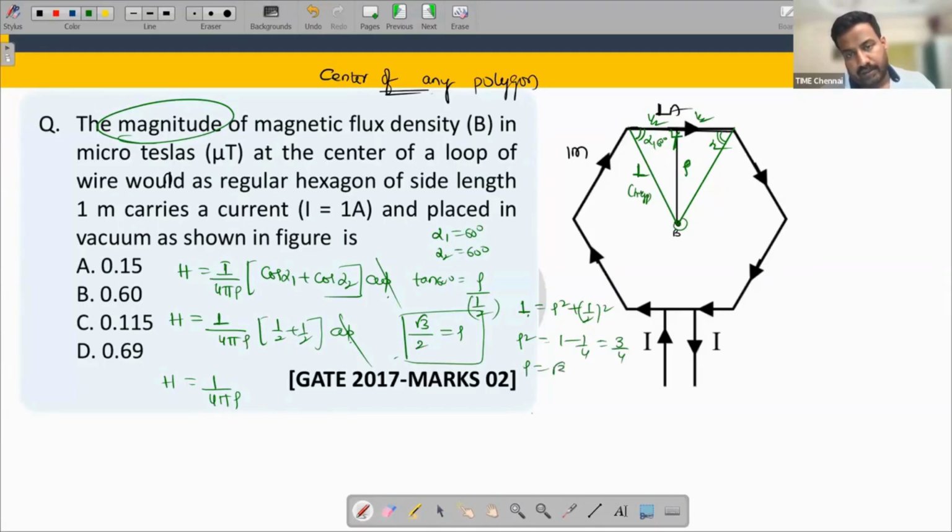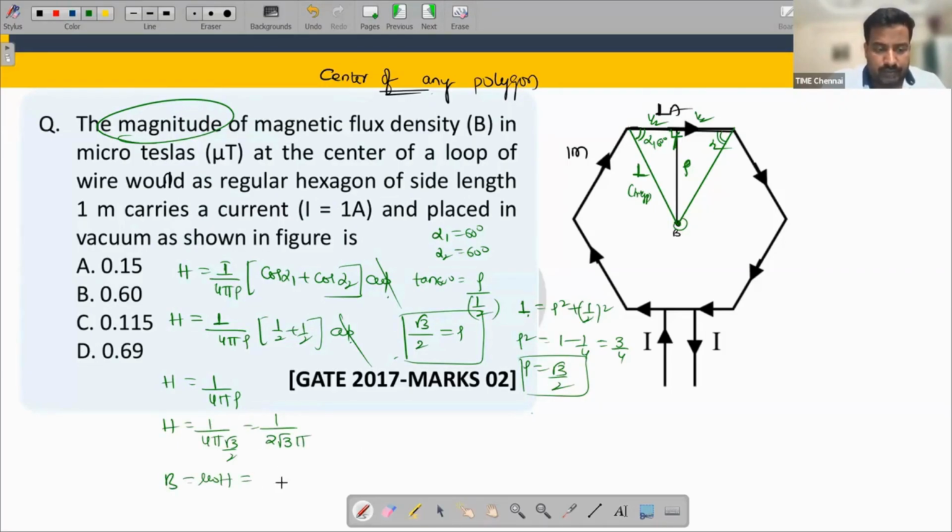Rho is root 3 by 2. You can simply apply Pythagoras, it's up to you. So H is 1 by 4 pi root 3 by 2, 1 by 2 root 3 pi. But I want B.